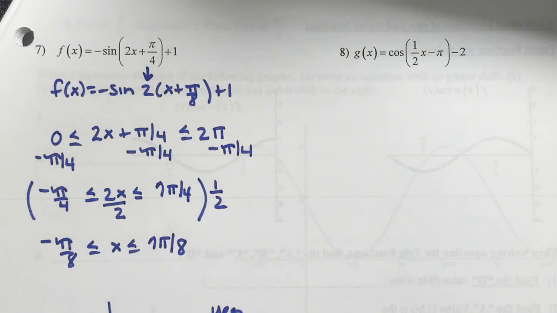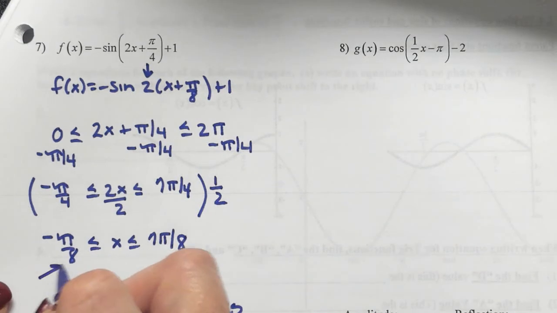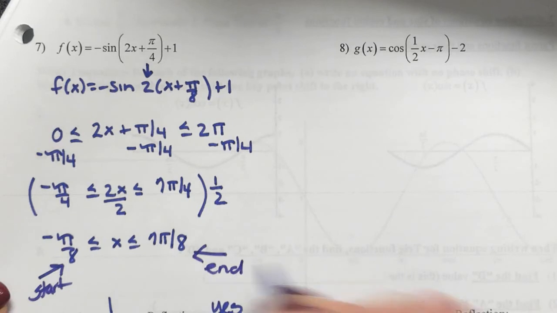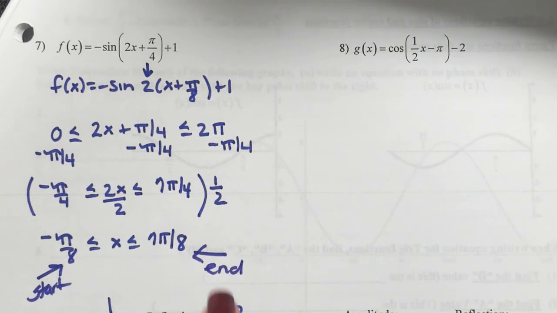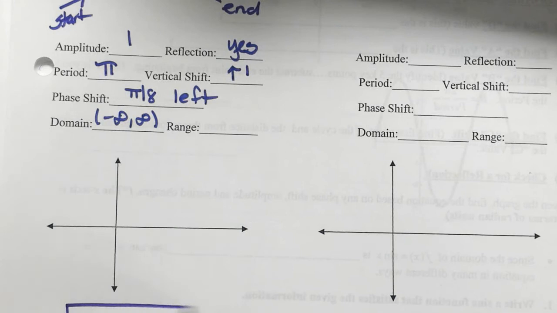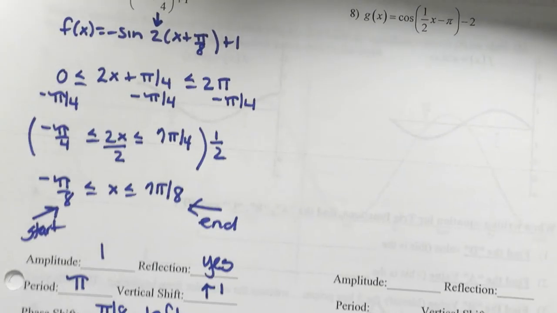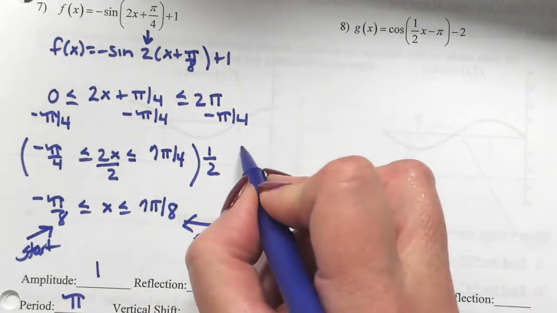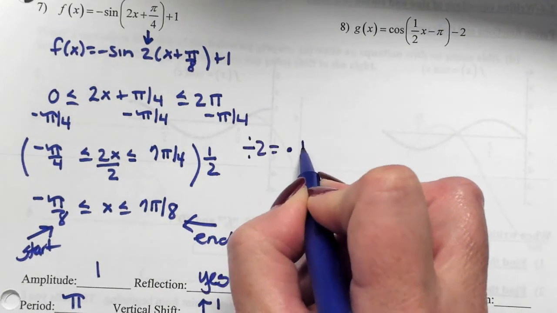This tells you where your cycle is going to start and where it's going to end. And if you take the end and subtract the beginning, that would give you that period of pi. So when I go to do my x coordinates, yep, question? Where'd I get the what? Dividing by 2 is the same as multiplying by a half, remember? When you divide by 2, it's the same as multiplying by its reciprocal.